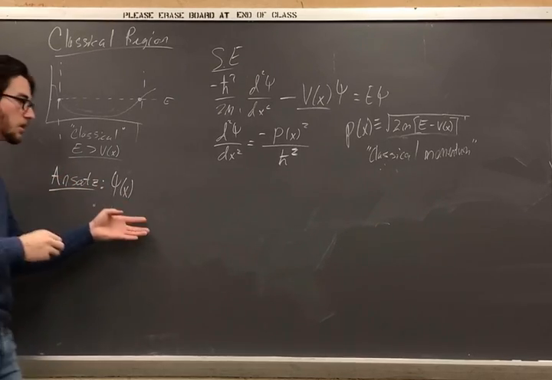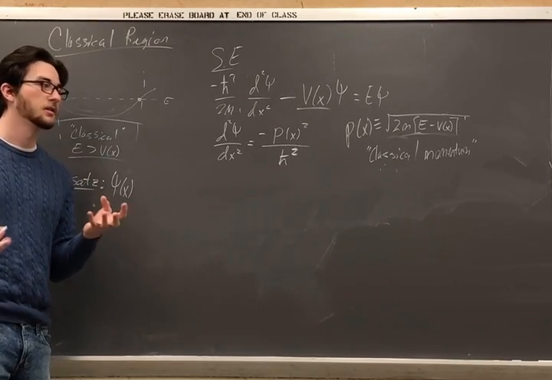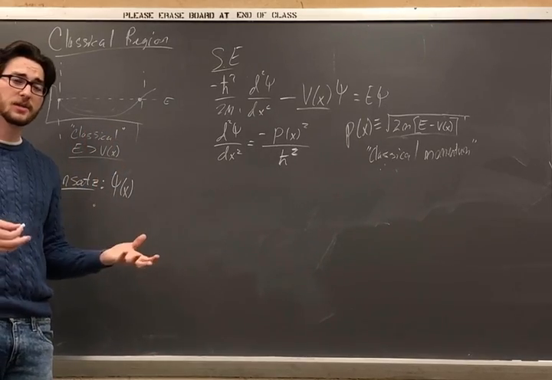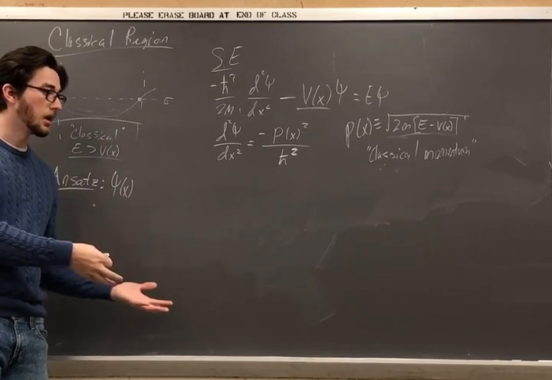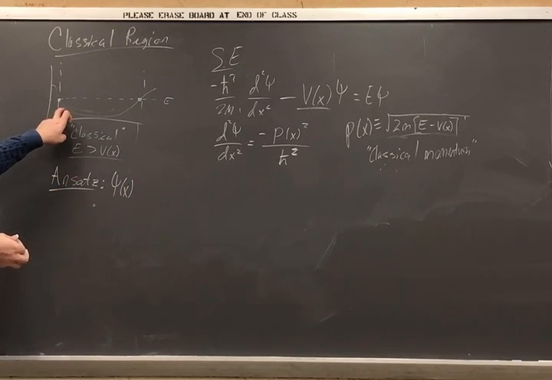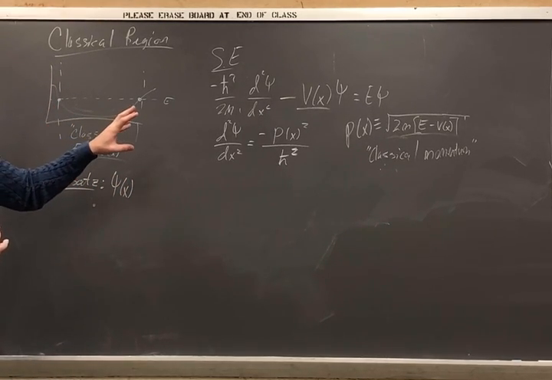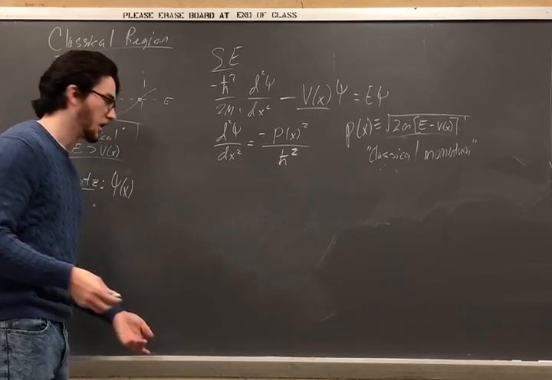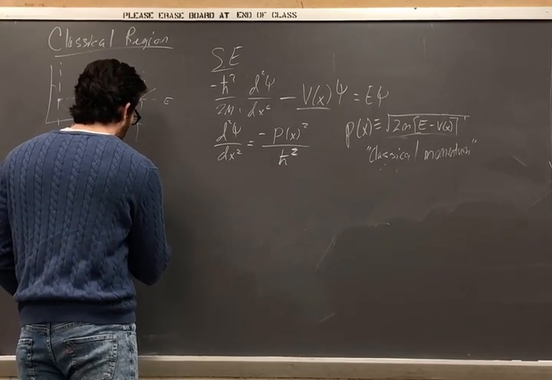So it's got to look like a complex exponential, right? Because when we did this before, on a constant potential, we got a complex exponential out. So if we're doing this approximation where we say that it's almost constant, then we should get something similar to a complex exponential. And in fact, we do.